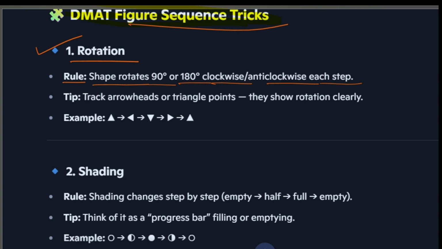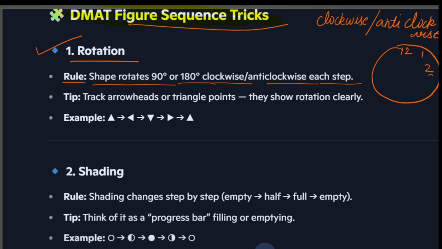So what does it mean by clockwise and what does it mean by anti-clockwise? If you have a clock like 12, 1, 2, 3, 4, 5, 6, 7, 8, 9, 10, 11, and something is moving like this, that is clockwise.